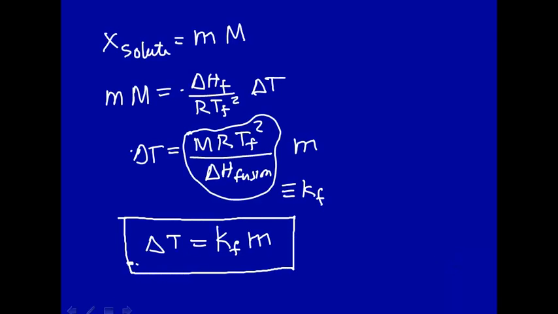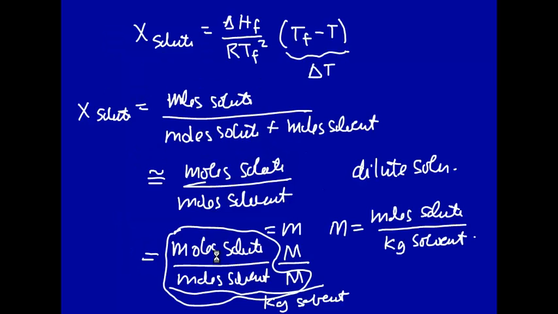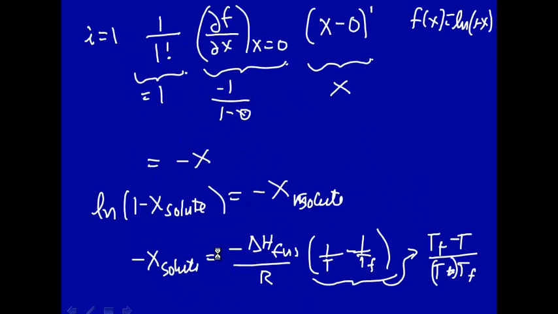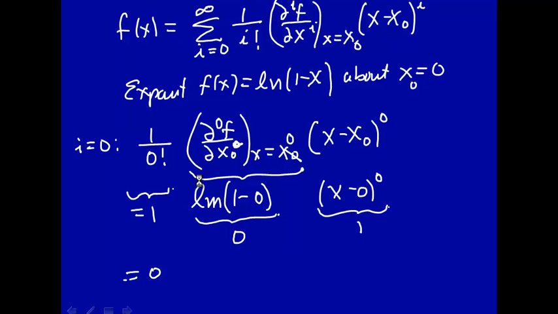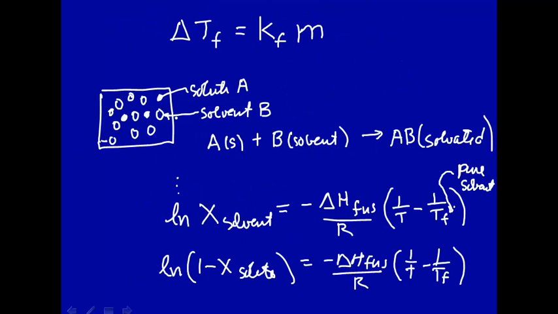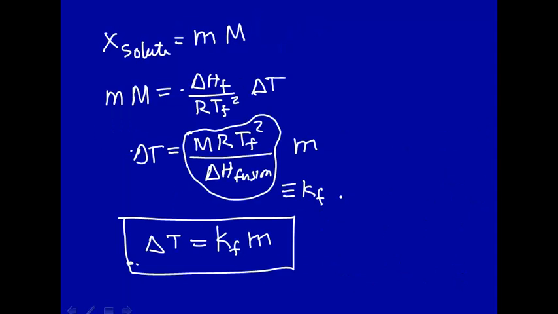And the key point, again, what we did in this derivation, using Taylor series, which is kind of cool, is that we assumed that the solute was a solid, but then when it dissolves, you can consider that just as a liquid. So the solute going from the solid to a liquid gives you delta H of fusion. So that takes care of freezing point depression. We know where that comes from thermodynamically.